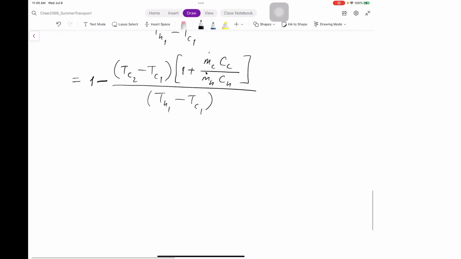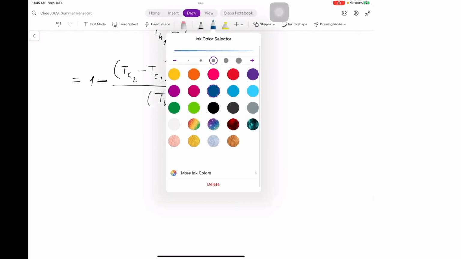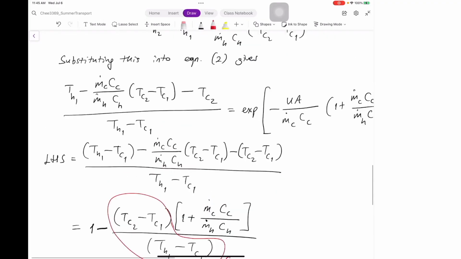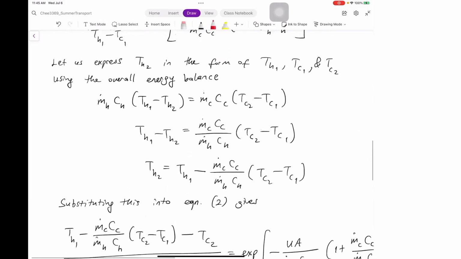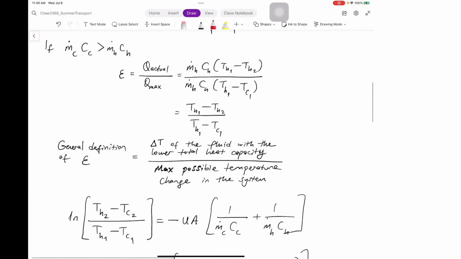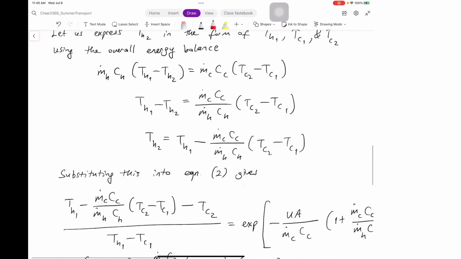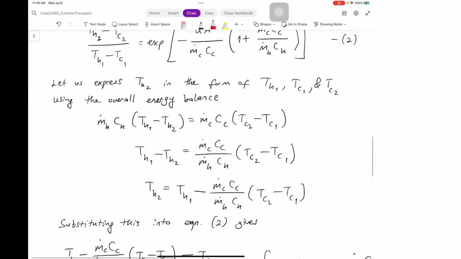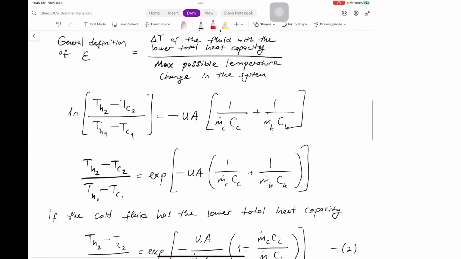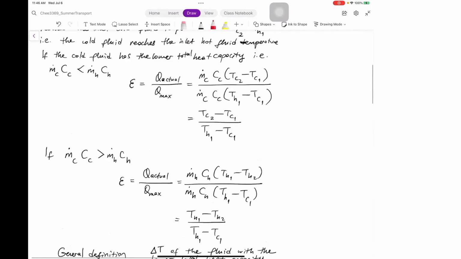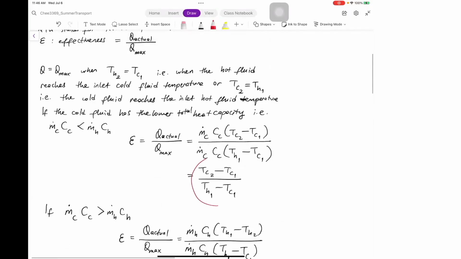And as you can realize, this thing is the epsilon, right? Effectiveness. For the case where the cold fluid has lower total heat capacity, it's this thing.